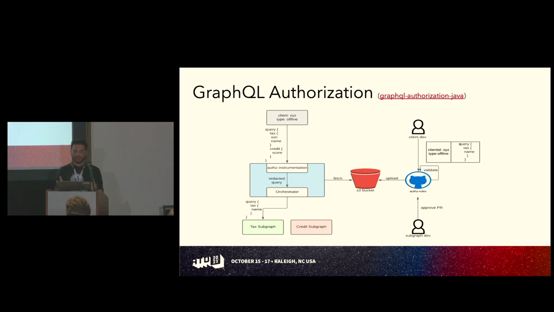So this is how we enforce it at the orchestrator. We have a Git repo which has the ODZ rules, which define the queries that a client has access to. It's a glorified map of the details about the client and the queries that the client has access to. And we have created a process around this. Whenever a client wants to access something from the orchestrator which it does not have access to, it creates a GitHub PR, which is validated at the PR step itself and approved by the subgraph developer.